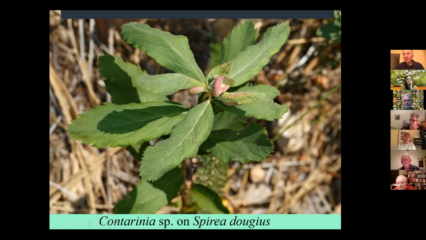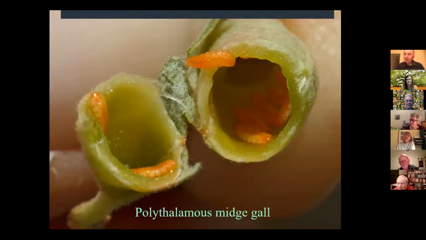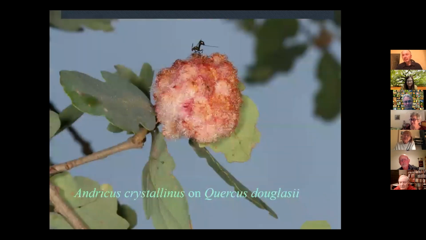This is the gall on a leaf, but it's made a leaf roll. So this is a Contarinia species on this Spirea plant. And here we see several, not one, but several bright orange midge larvae wandering around inside the gall. So thanks to Joyce for all these wonderful dissections and photographs.